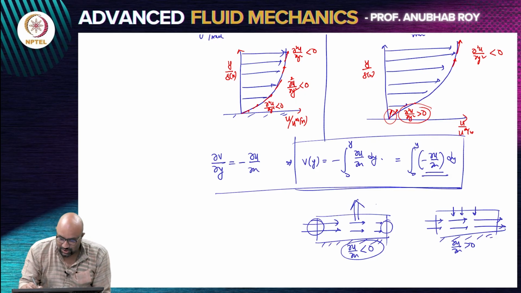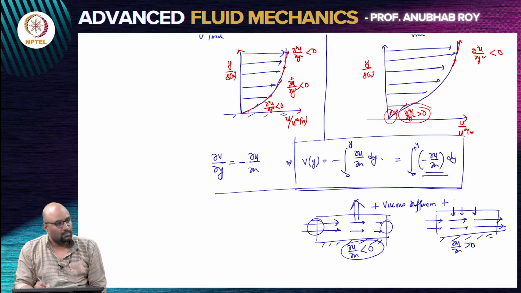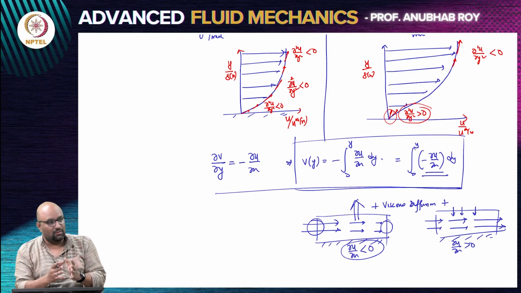Now, to this picture, you need to add viscous diffusion. With this mass conservation picture, you add viscous diffusion. So, viscous diffusion will obviously want the vertical velocity to spread out. It will allow for more transport to occur.